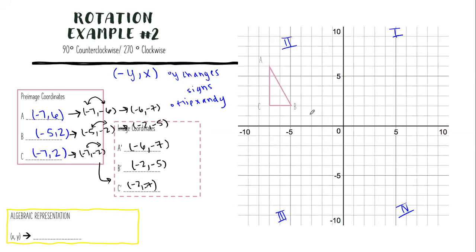So A prime is at -6, -7. So here's A prime. B prime is at -2, -5. And then C prime is at -2, -7.